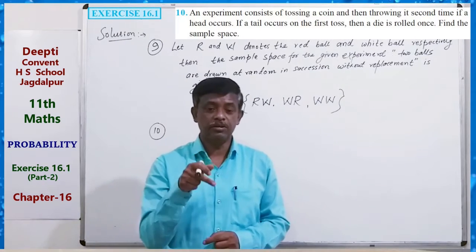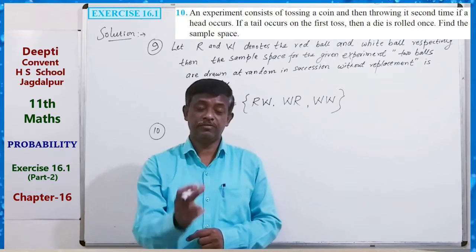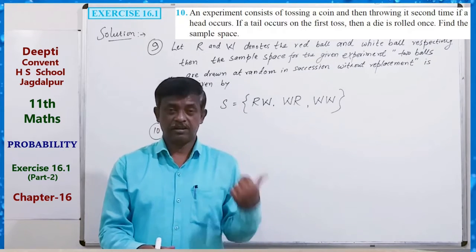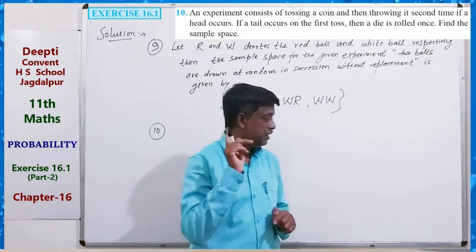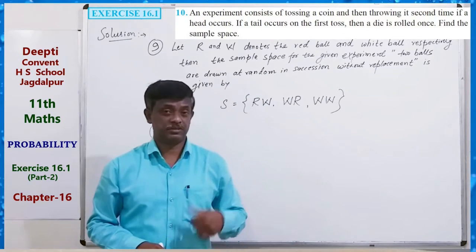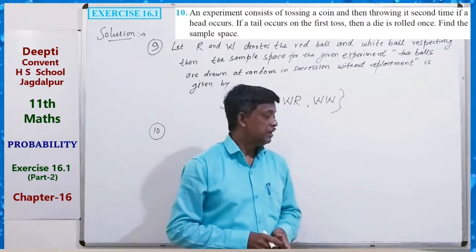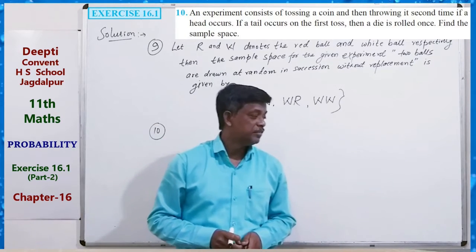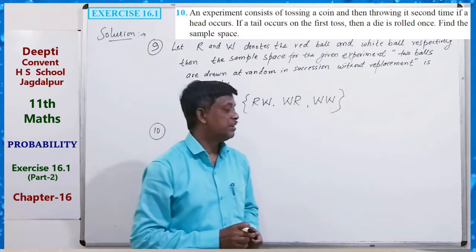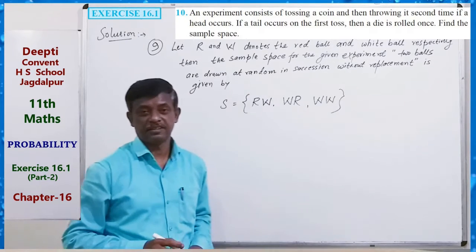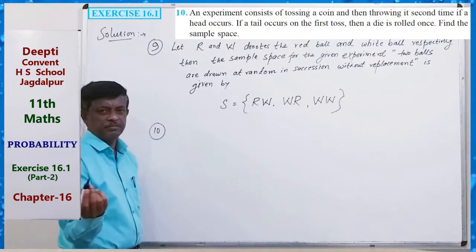If a tail occurs the first time, then roll a die once, 1 time. Find the sample space. Okay, so very simple.